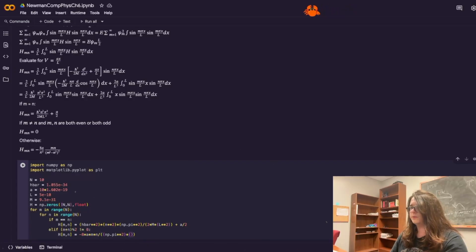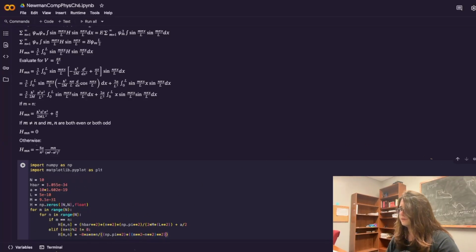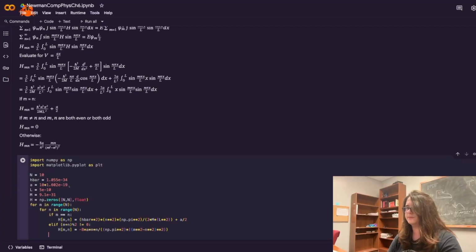But then put this in parentheses. It's going to be m squared minus n squared, right? So that should be good. And I even want to put this in another set of parentheses just to make me feel better about myself. Yeah, that looks good. Okay. Otherwise, it doesn't do anything and it stays a 0 value.